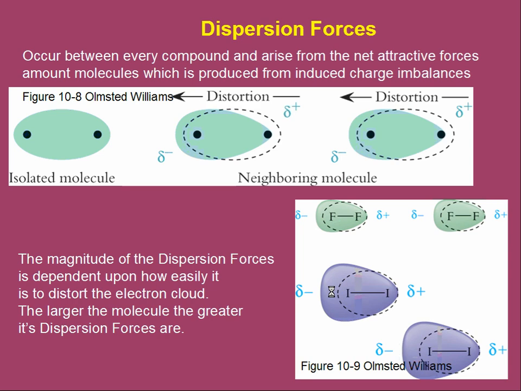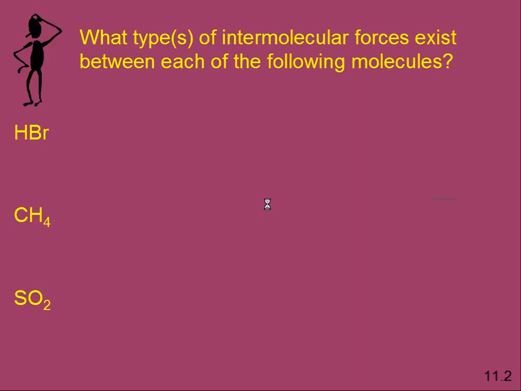So if we were looking at I2 versus F2 on the sheet down here in the green, and I asked which has more London dispersion, the I2 would have more because it has a greater mass. I2 weighs more than F2, so therefore it has more electrons. Alright, so we're going to quickly go through this.